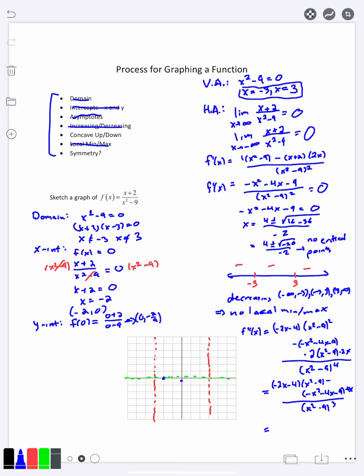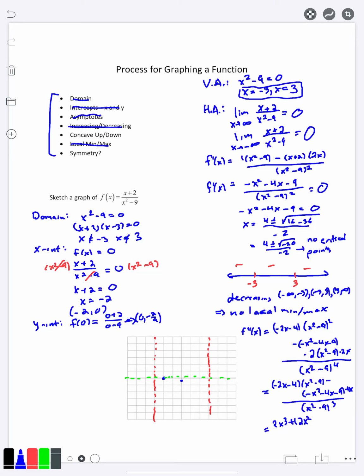And then we've got to do our best here. Let's see, I'm going to have negative 2x cubed and a positive 4x cubed. It's going to become a 2x cubed here. And then I'm going to have, let's see here, for x squared terms, a negative 4x squared and a positive 16x squared, so positive 12x squared.